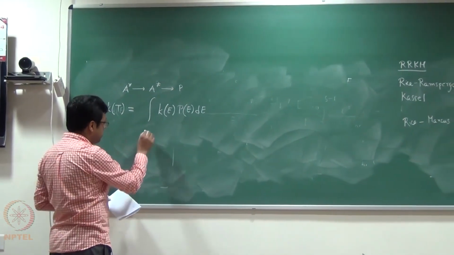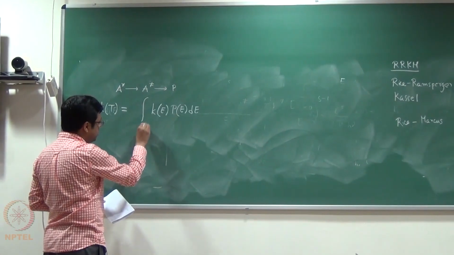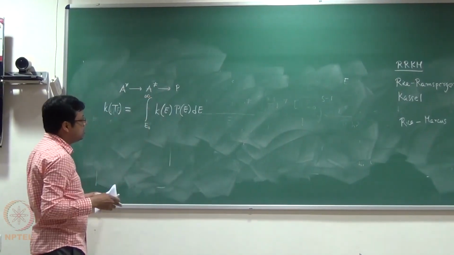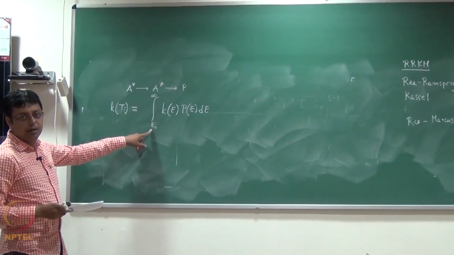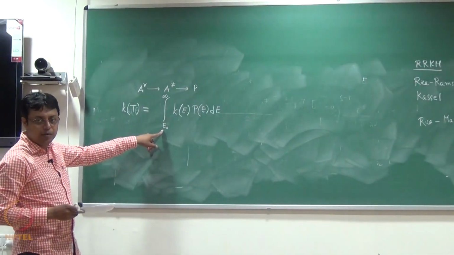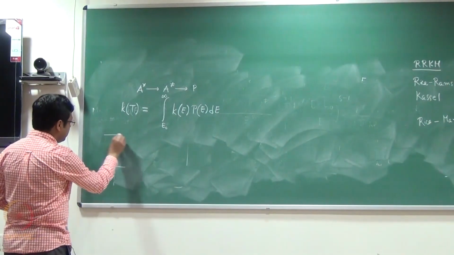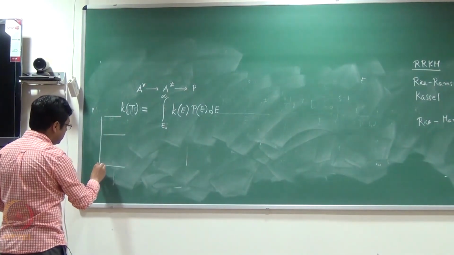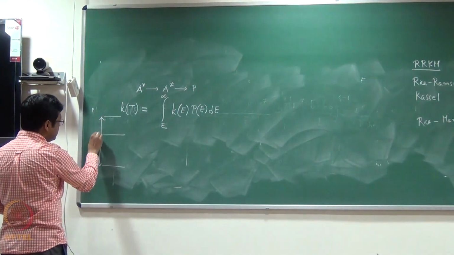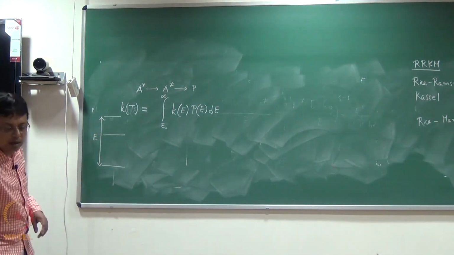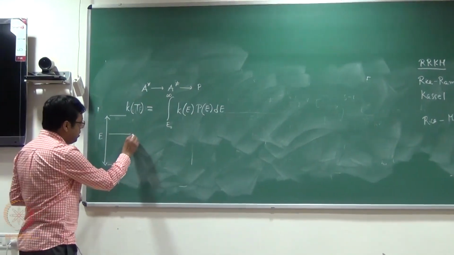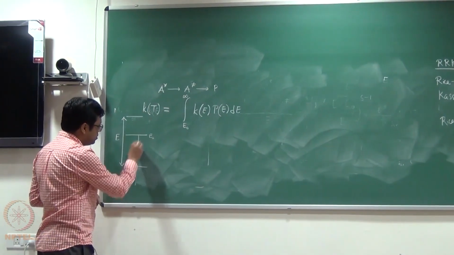But remember, this does not have the lower limit as 0, because the condition is that you should have your minimum energy E0. Again, let me just draw the picture. This is the total amount of energy fixed, right? And then I said I need a minimum E0 to cross it.